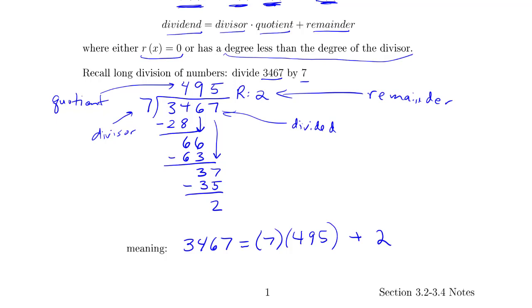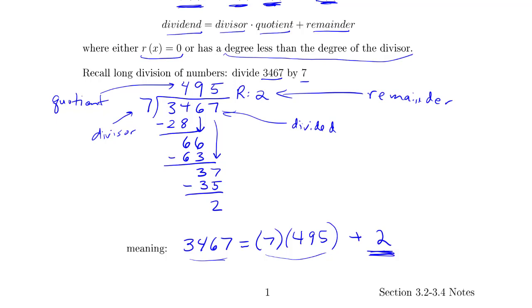This is the kind of format we want to look at, because it's like trying to factor 3,467. We found it didn't factor nicely with these numbers because there was a remainder. If it had factored into the product of two other numbers, we would have had a remainder of 0, and that's the kind of thinking we want to do moving forward.